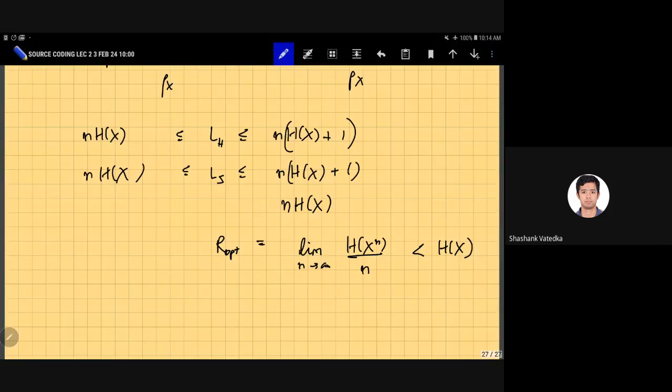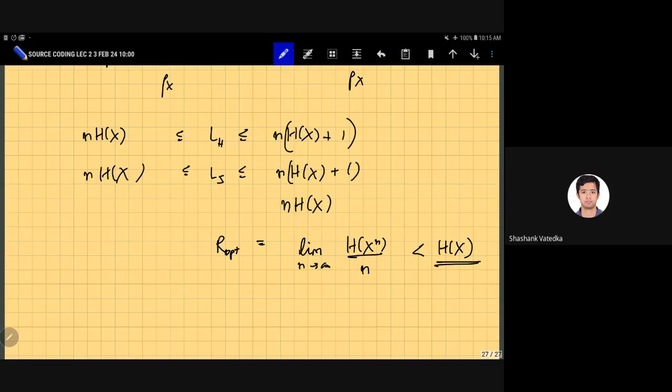If it is an IID sequence, then the optimal rate of compression would be equal to the entropy. But for a source with memory, it is equal to the entropy rate, which is strictly less than the entropy. However, any form of symbol-wise encoding, even arithmetic codes for that matter, cannot achieve any rate better than the entropy.